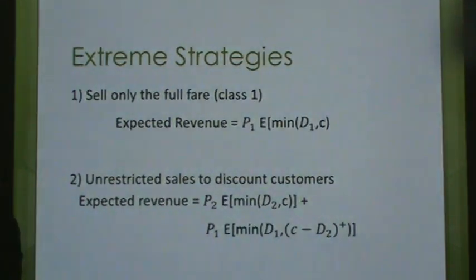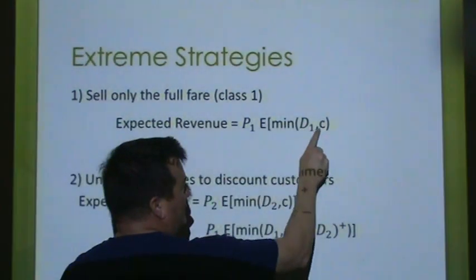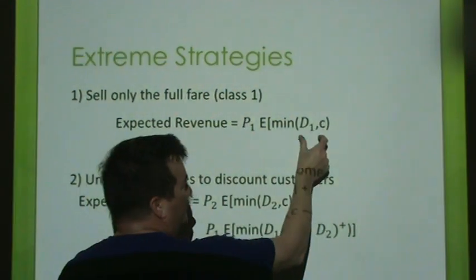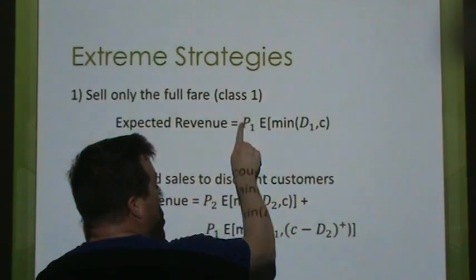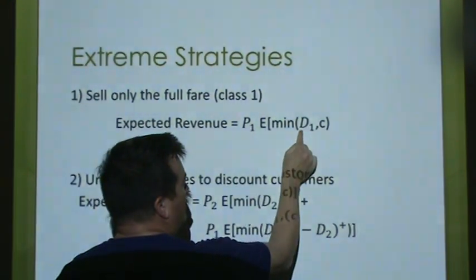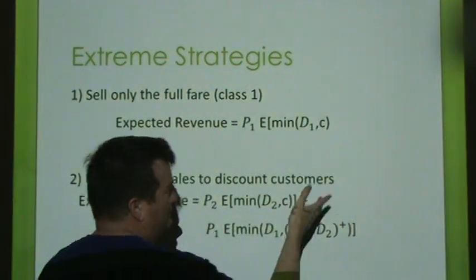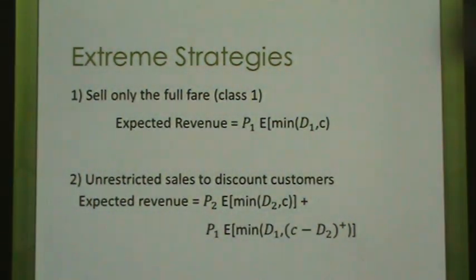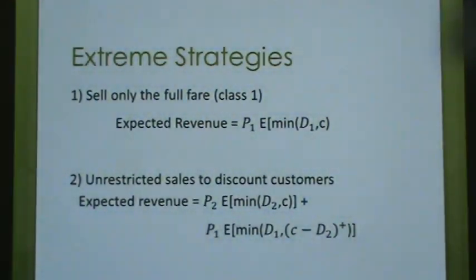Well, we can only sell 100 because we only have 100 seats. If 80 people come, but the plane can hold 100, then we're only going to get 80 sales. So we take the price times the minimum of the demand, the number of people who show up, and the number of seats on the plane. Whatever's the smaller of those two numbers, we multiply that by the price, and that's how much money we can expect to get.